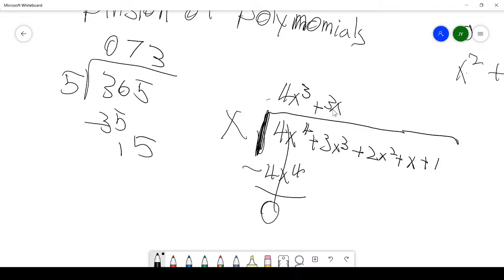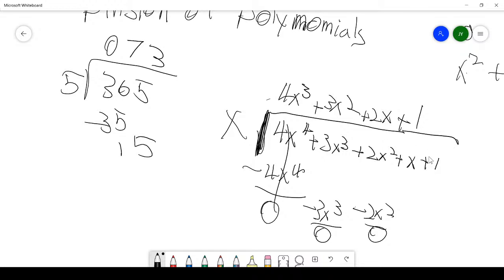Same rule applies: 3x cubed, 3x squared. That turns into 0. We can move on to 2x squared. So we have 2x squared minus 2x squared, 0. And this is 1.